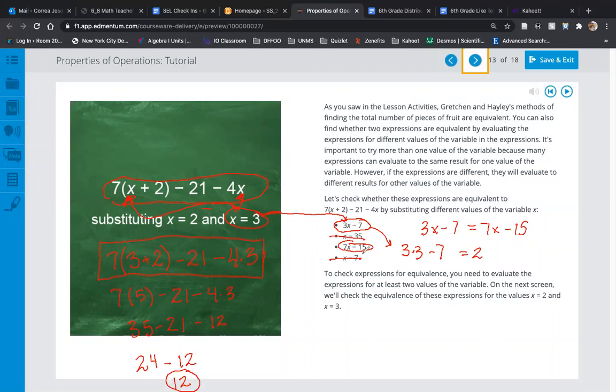Okay, so 2 is not equal to 12, so it looks like that one's out. Let's see if this one works, right? So if I put in a 3 here, I'd say 7 times 3, 7 times 3 is 21 minus 15. Does that give me 12?